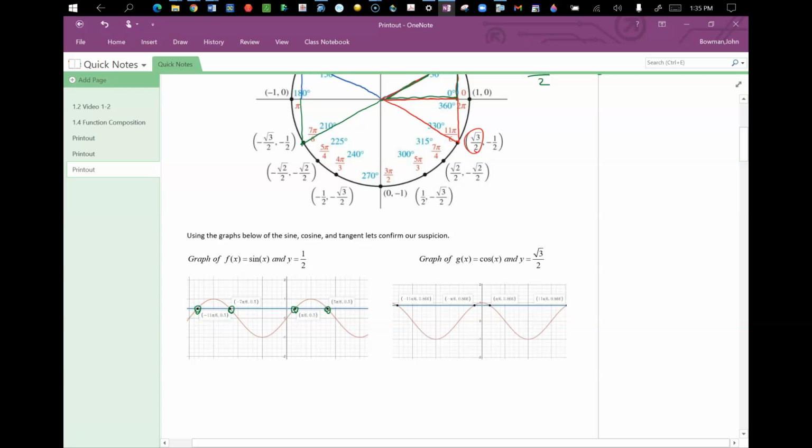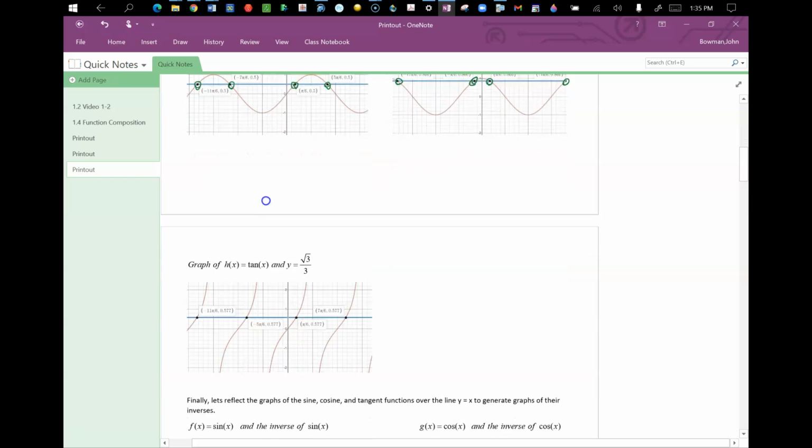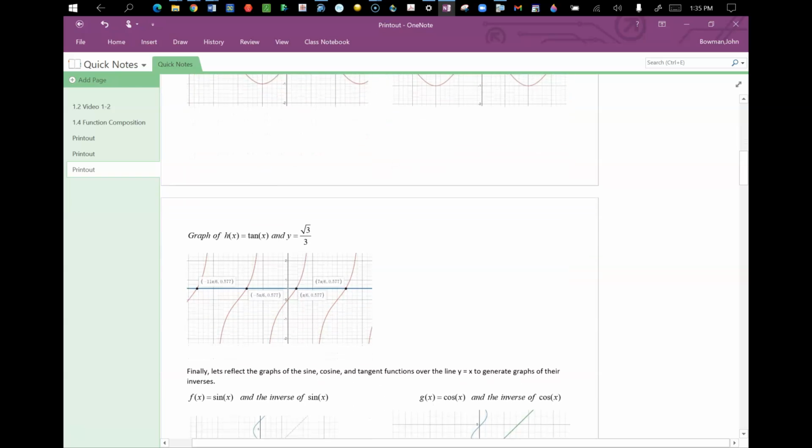And the cosine is equal to root 3 over 2 at pi over 6, and negative pi over 6, 11 pi over 6, negative 11 pi over 6, and so on. The same thing is true for the tangent. The tangent is equal to root 3 over 3 at pi over 6, and 7 pi over 6, and negative 5 pi over 6, and negative 11 pi over 6.